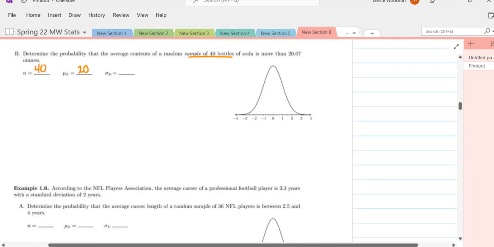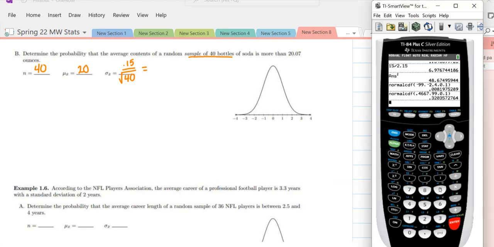And the standard deviation of x bar is the standard deviation, 0.15, divided by the square root of your sample size, 40. So 0.15 divided by the square root of 40 is going to give us 0.0237.